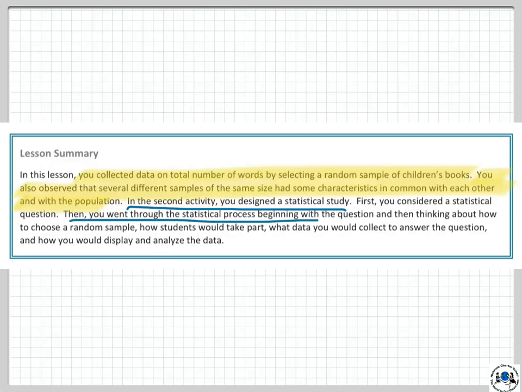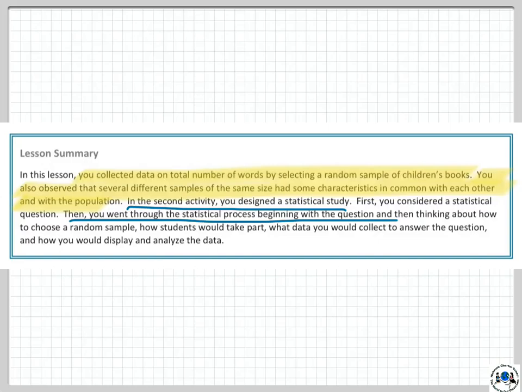In the second activity, we talked about designing a statistical study. We started going through that statistical process. Of course, we didn't do it, we just thought about it. These lessons call for a lot of cooperation and collaboration within class, so they will have their limits.